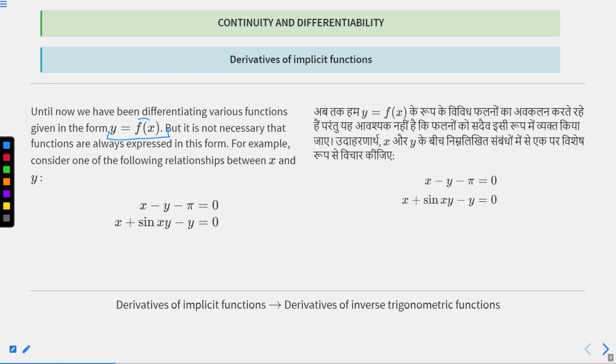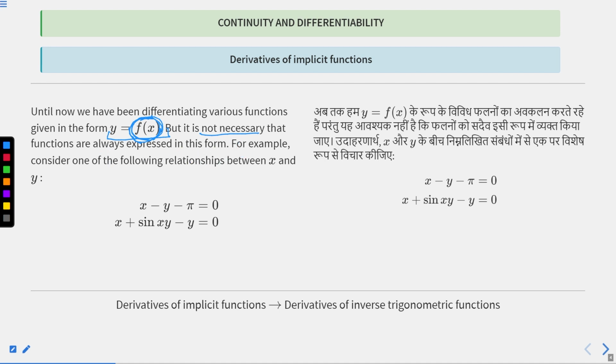This means a function in terms of x, or in other words it represents an expression in terms of x. That expression follows certain conditions, that's why we call it a function. But it is not necessary that a function is always expressed in this form.